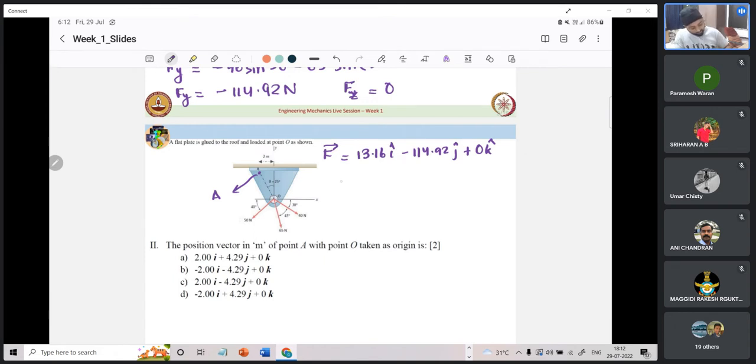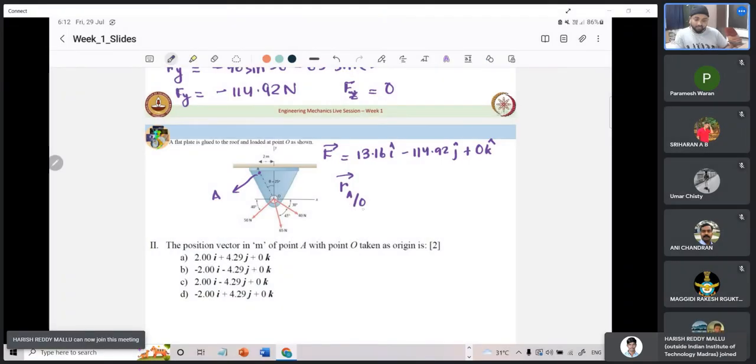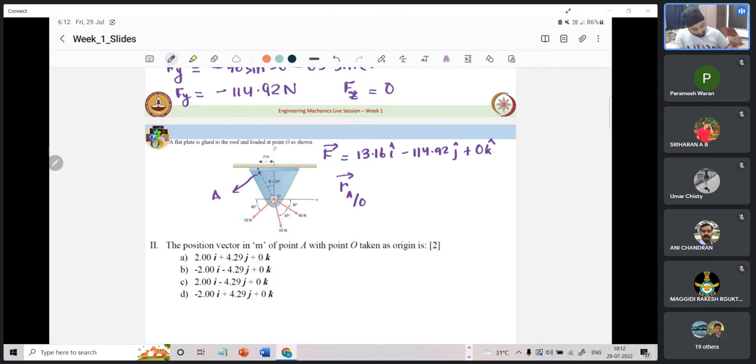So how do we represent a position vector? It is given by R of something with respect to the other. So what this signifies is this is the position vector of point A with respect to point O, meaning we are fixing the origin at O. Okay, so what would this be?